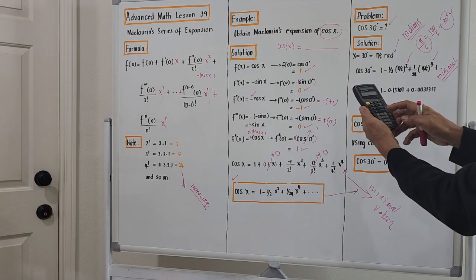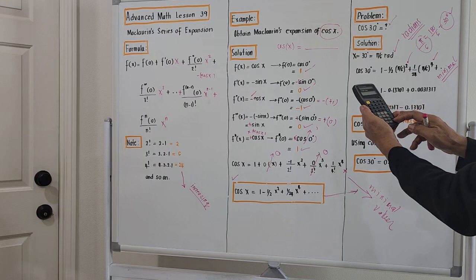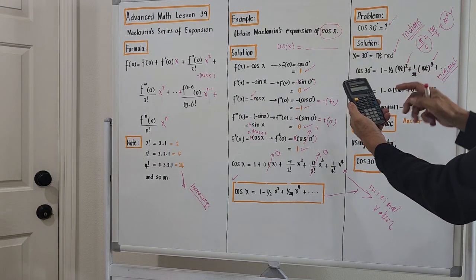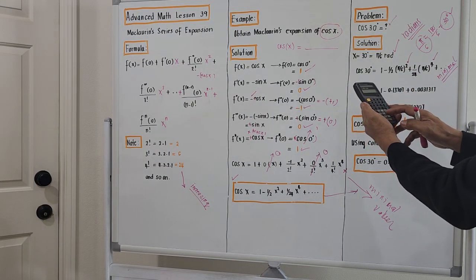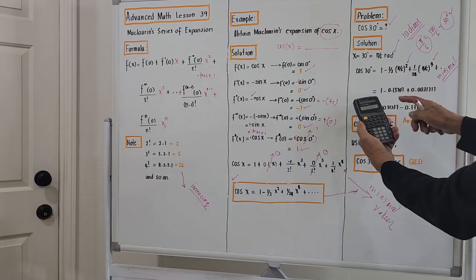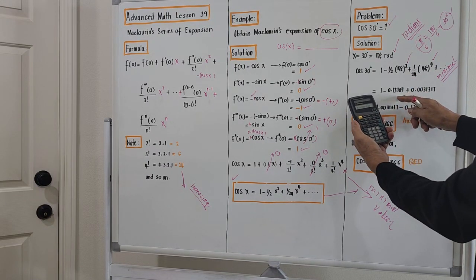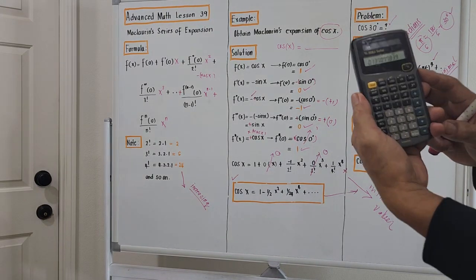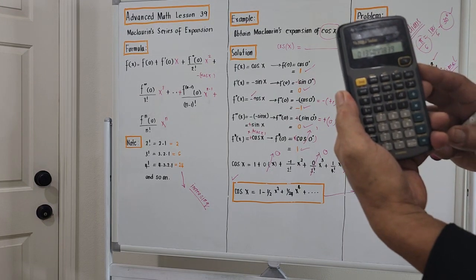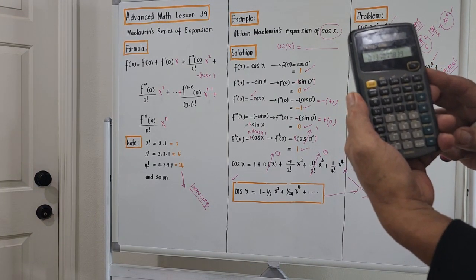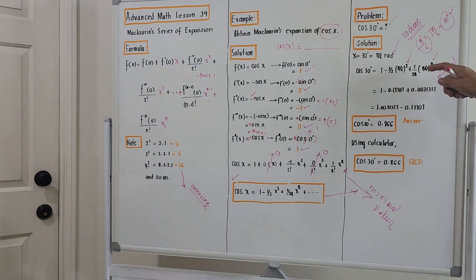So y to the x, second power, equals, times 1/2, is 0.5 times 0.5. And the value is 0.13707.